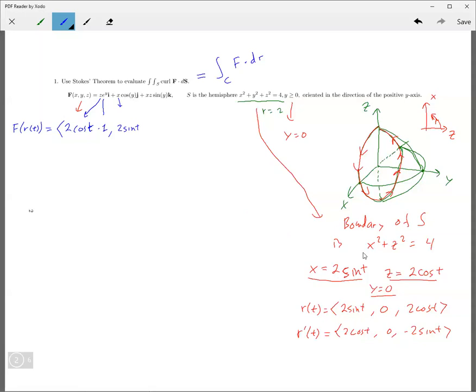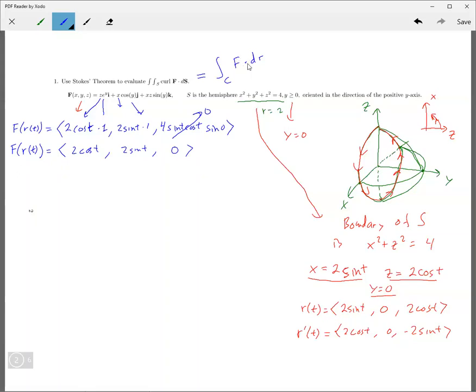Cosine y is cosine of 0, so that becomes just another 1. And then over here we have x times z, so that's 4 sine t cosine t, but then with sine of 0, so that's all going to be 0. So that means our F of r of t is 2 cosine t, comma, 2 sine t, comma, 0.